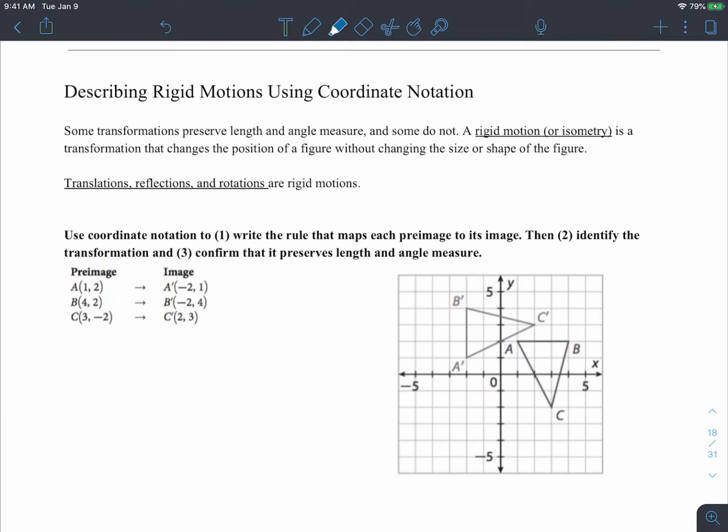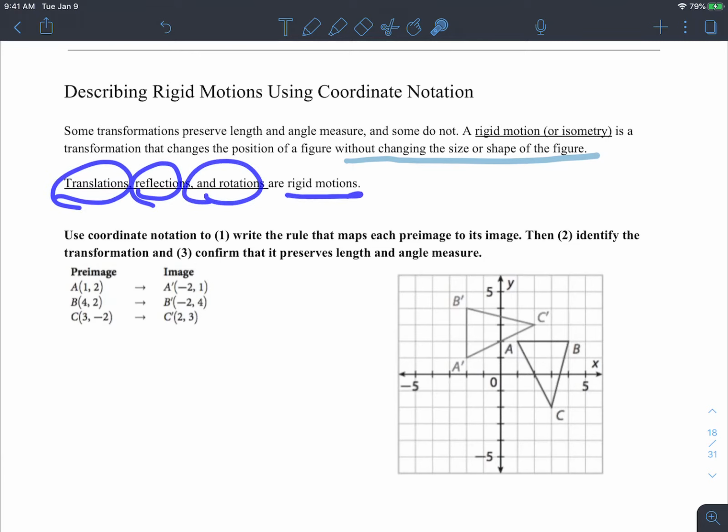The key word here, guys, is that it does so without changing the size or the shape. That's really, really important, right? Okay. And then the following things: translation, reflection, rotations are all rigid motions. So you should make a note of that.